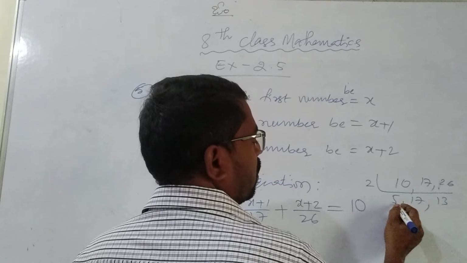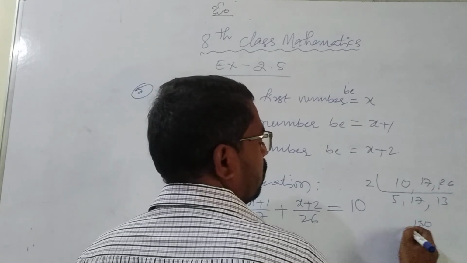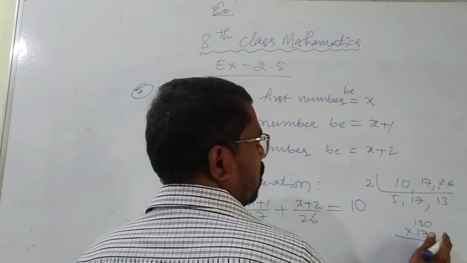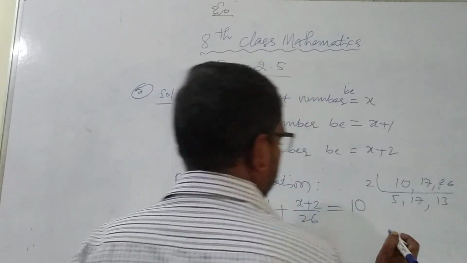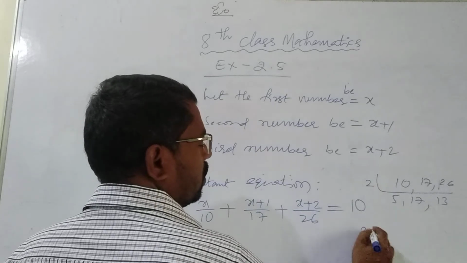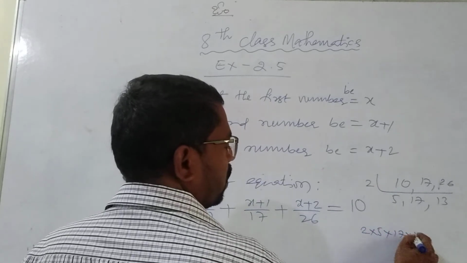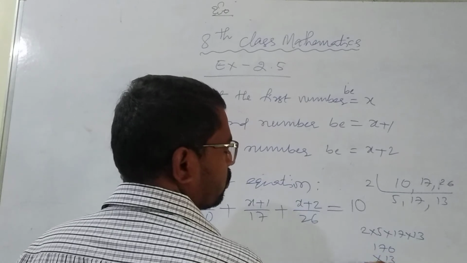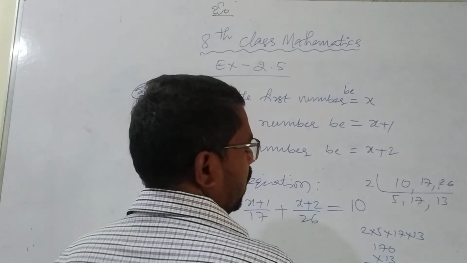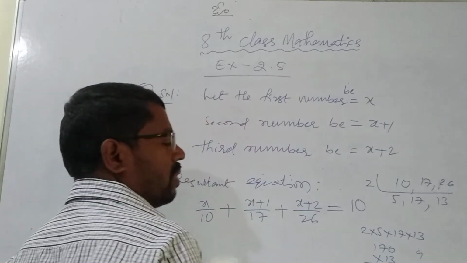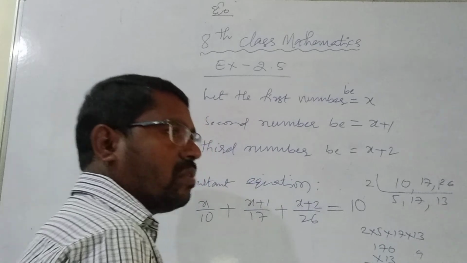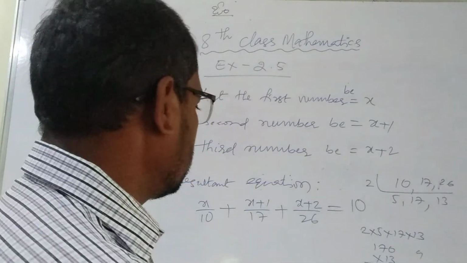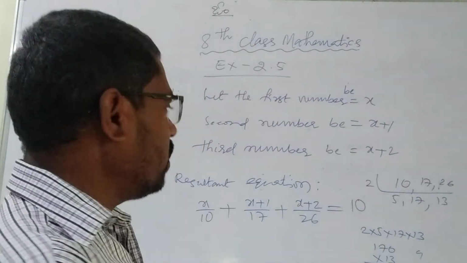So 2 into 5 is 10, 10 into 13 is 130, 130 into 17 is 2210. Multiplying 2 into 5 into 17 into 13: 2 fives are 10, 10 into 17 is 170, 170 into 13 is 2210. So the LCM is 2210.